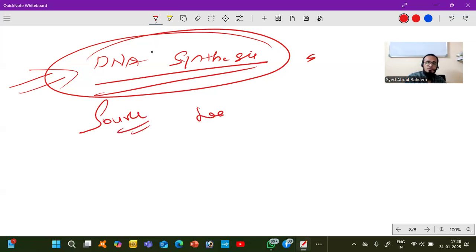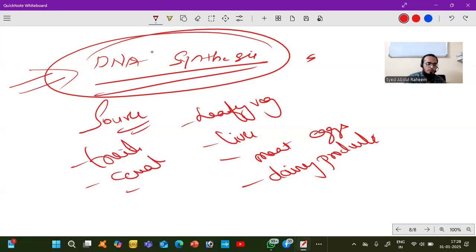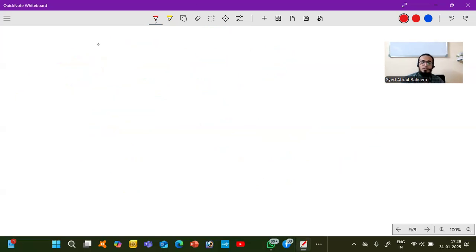One is leafy vegetables, liver, meat, eggs, dairy products, fruits, cereals, okay, and idli, dokla, dosa, and our intestinal bacteria, good bacteria, also produce folic acid. So this is about folic acid. Very, very important.